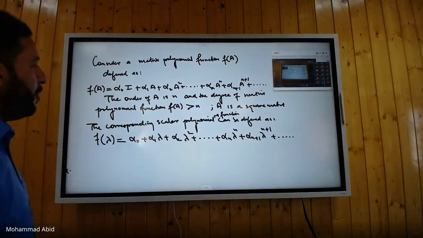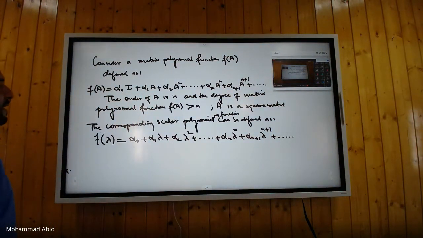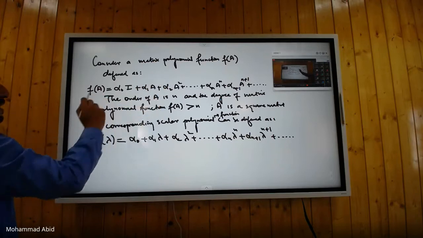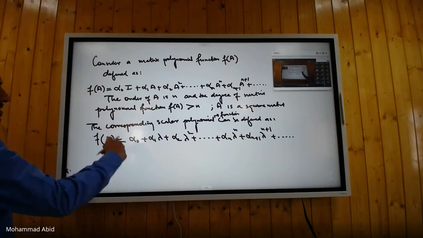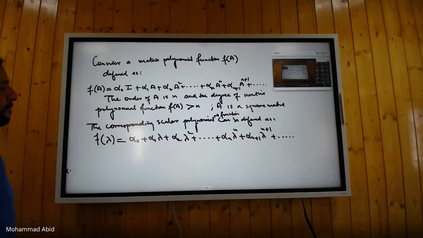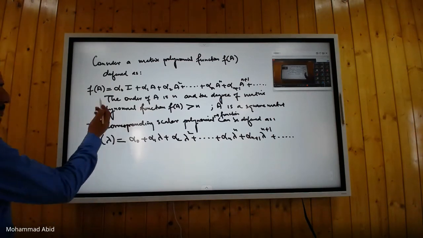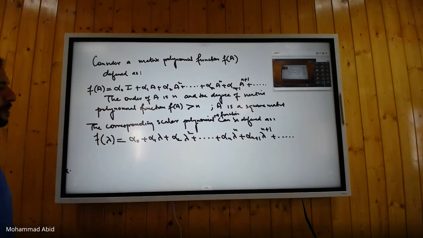This is a scalar polynomial function defined correspondingly for this matrix function. The matrix function is a function of A, and I am defining a corresponding scalar polynomial function by substituting lambda for A, while lambda is any scalar variable. Is that okay? Is that clear?